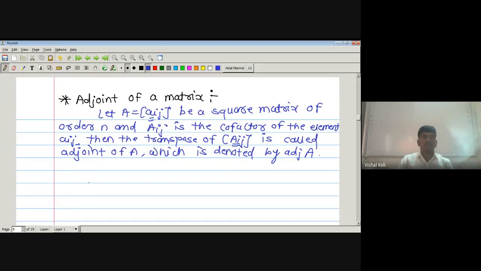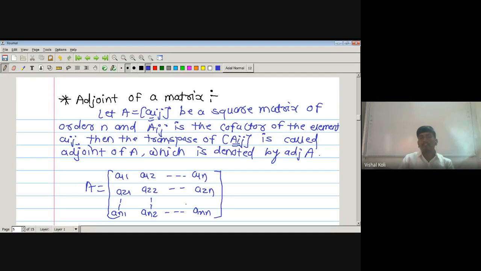For example, suppose A is a matrix having entries A11, A12 up to A1n, A21, A22 up to A2n, and so on up to An1, An2, up to Ann. So this is a matrix A of order n by n.